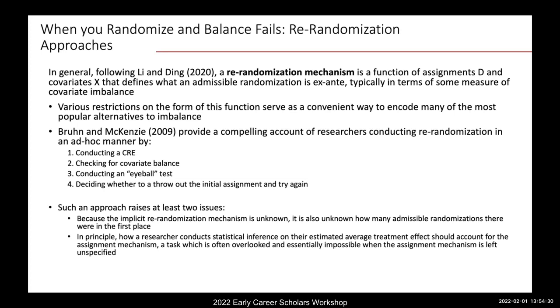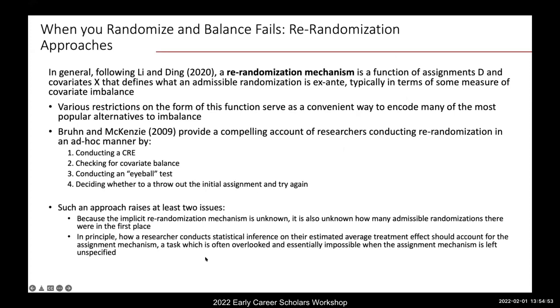This raises at least 2 issues. Because we don't know the implicit re-randomization mechanism, we also don't know how many admissible randomizations there were in the first place. It's kind of like cherry picking which of the 2 you're going to accept and which not.